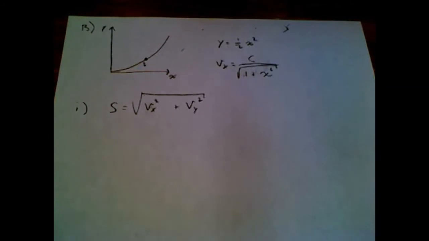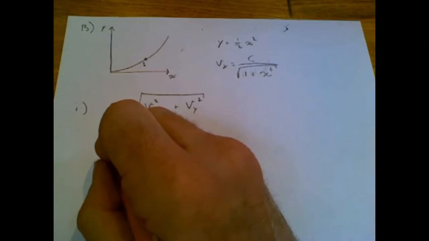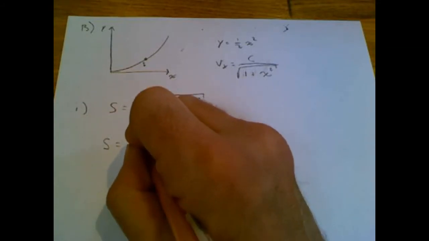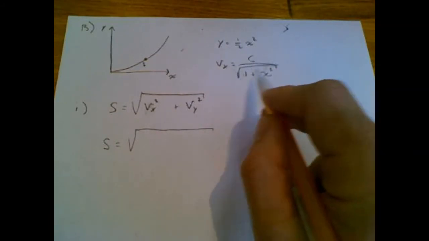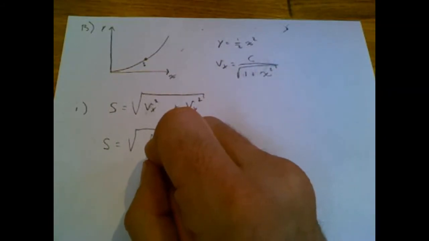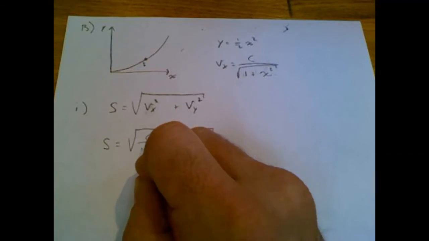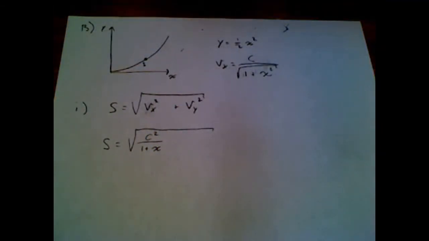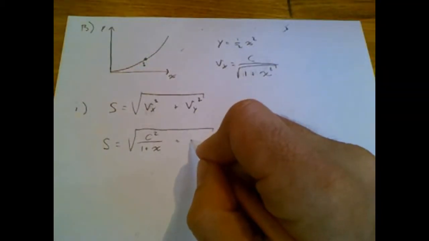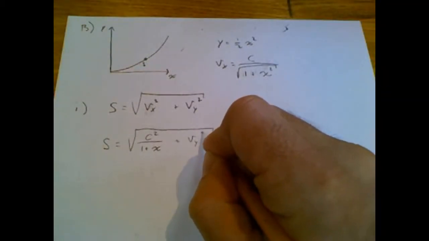All right, well, right away I have a vx, so I'm going to start by subbing right in. Speed is equal to the square root of vx squared, that's c squared, and that square root is going to go away. So it's going to be c squared divided by 1 plus x squared. So that is my x component, plus my vy squared.